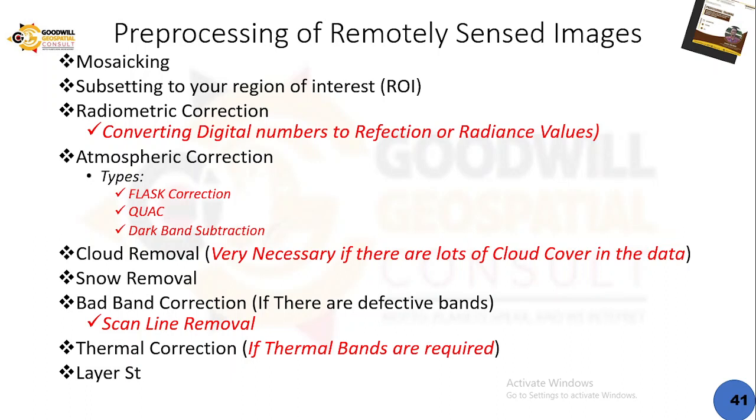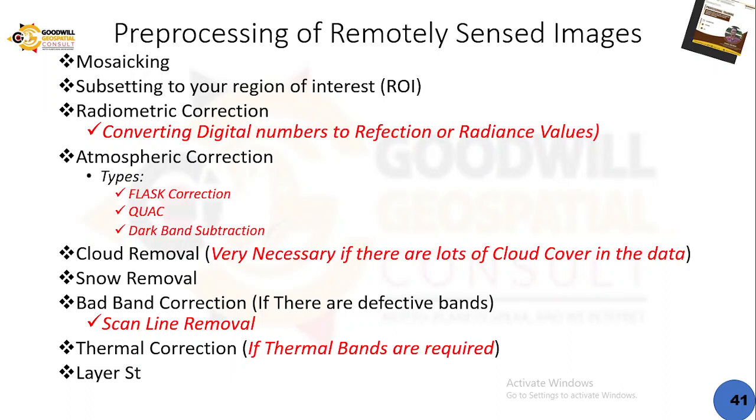Or sometimes due to operational defects, the images for that area couldn't be processed, so there will be lapses. So you have to fill those lapses. And sometimes the images can be expanded to involve these petty errors. So you have to remove these bad bands. Then also remove the scan line.